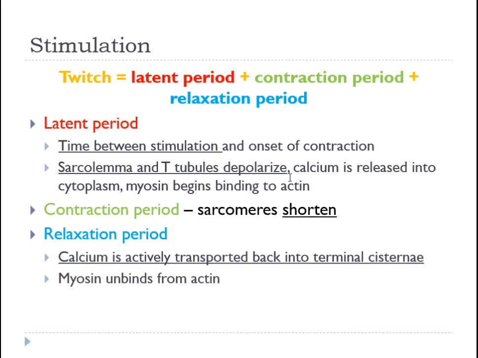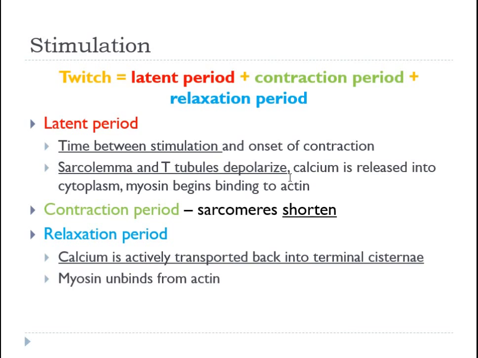The contraction is when the sarcomeres get shorter. Remember how we have that muscle action start to squeeze in? And then relaxation is basically calcium is pushed back, and the signal goes away. Even the acetylcholinesterase, that enzyme, comes and gobbles up all the acetylcholine to make sure that we're going back to relaxation.